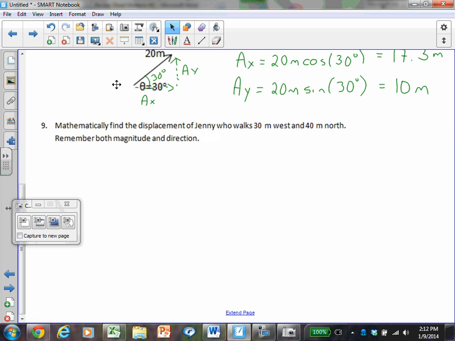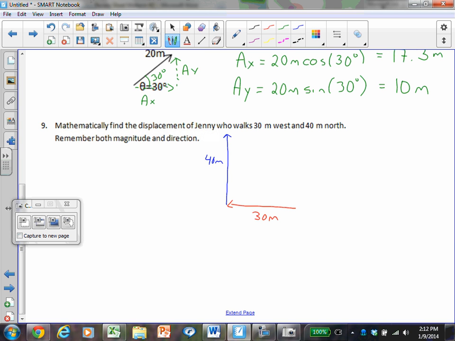But this says mathematical, so we'll do it where Jenny walks 30 meters to the west and then 40 meters north, like that. That's right, because her displacement will be a vector like this. That's displacement there.